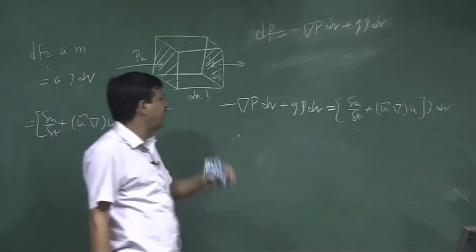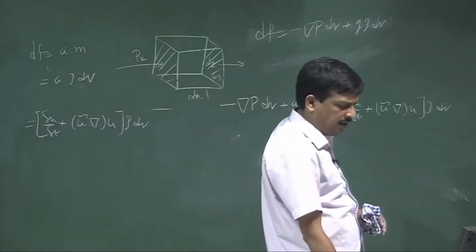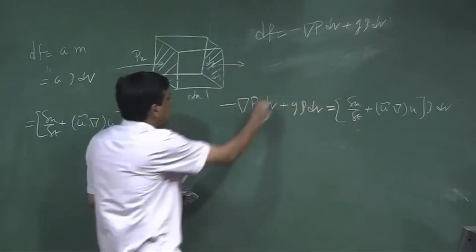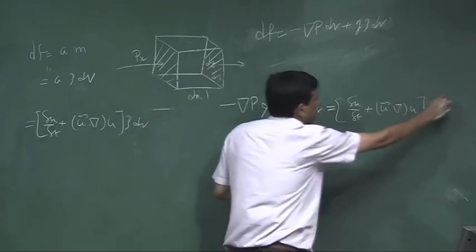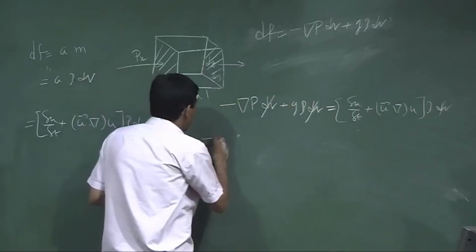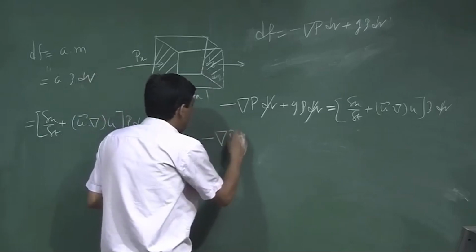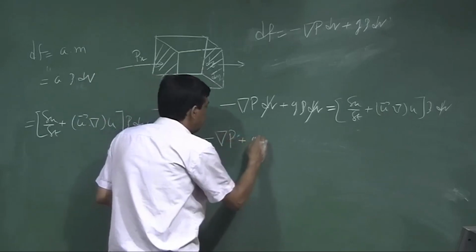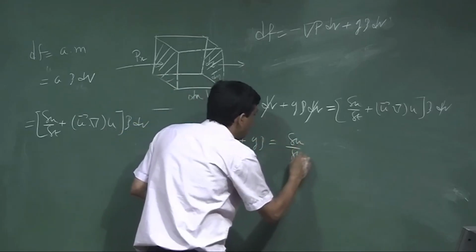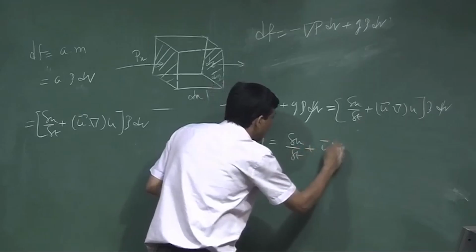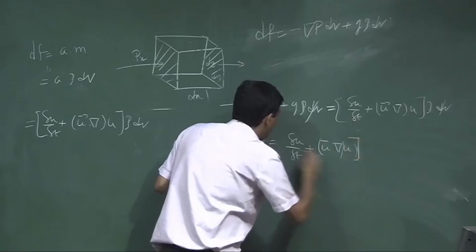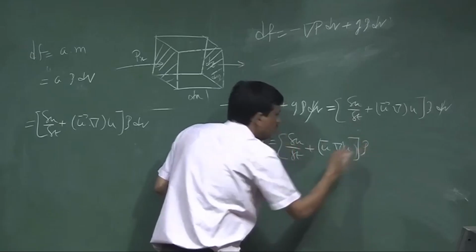So I can say that dV on both sides will be cancelled. So I can cancel this dV. So what is the equation? Minus ∇P total pressure plus G rho is equal to ∂u/∂t plus u·∇u, whole multiplied by rho.